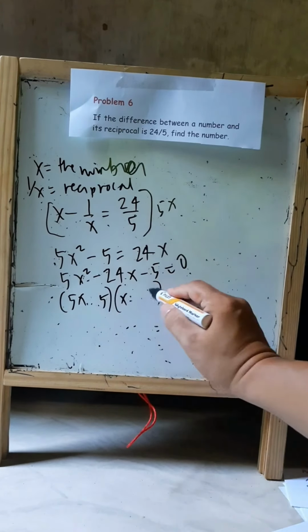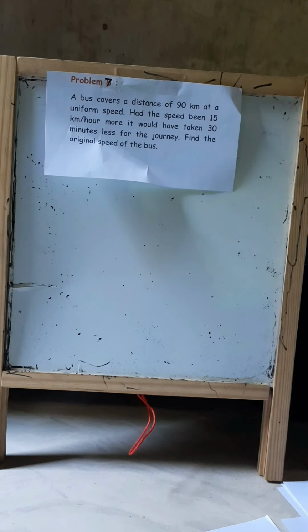Let's proceed to problem 7. A bus covers a distance of 90 kilometers at a uniform speed. Had the speed been 15 kilometers an hour more, it would have taken 30 minutes less for the journey. Find the original speed of the bus. The distance covered is 90 kilometers.